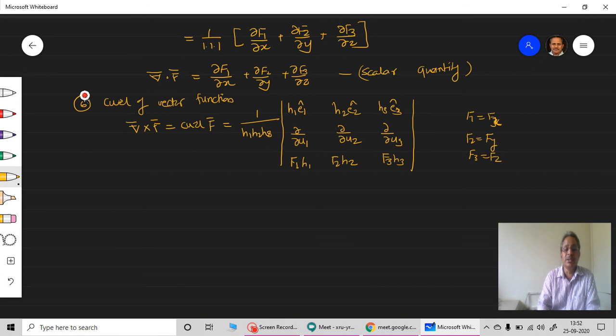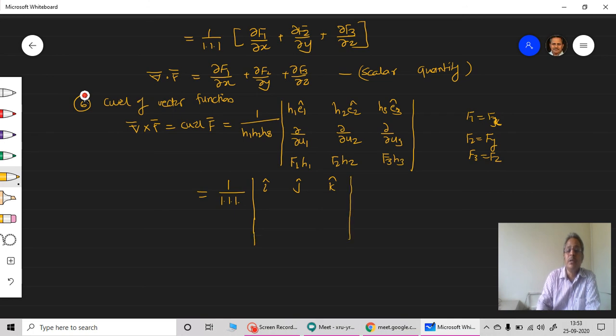So using this, I'll get 1 upon 1 into 1 into 1, and the determinant of this again. h1 into e1 cap, e1 cap is nothing but i cap, then this is j cap, and the third column begins with k cap because h3 into e3 cap, h3 is 1, e3 cap is k, that's why I'll get simply k there.